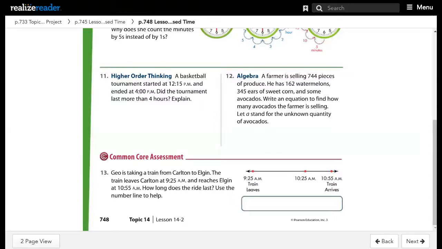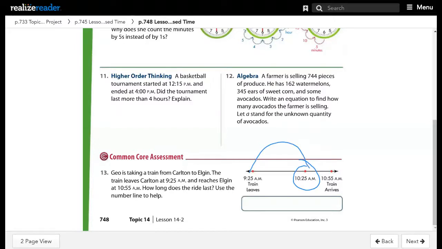Starting point 9:25 a.m. and the train will arrive at 10:55. From 9:25 till 10:25, we can put an hour in the middle to make it easy for us. So between 9 and 10, we have 1 hour. Now we will count the minutes.